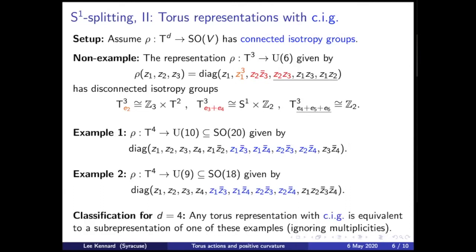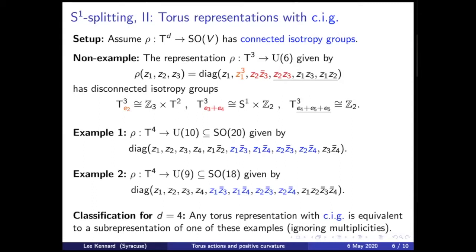And this is a classification statement: if you look at representations which are maximal in this sense, and which also don't have any repeated representations, because that's kind of a trivial thing, then it turns out these are the only 2 maximal T4 representations with connected isotropy groups.